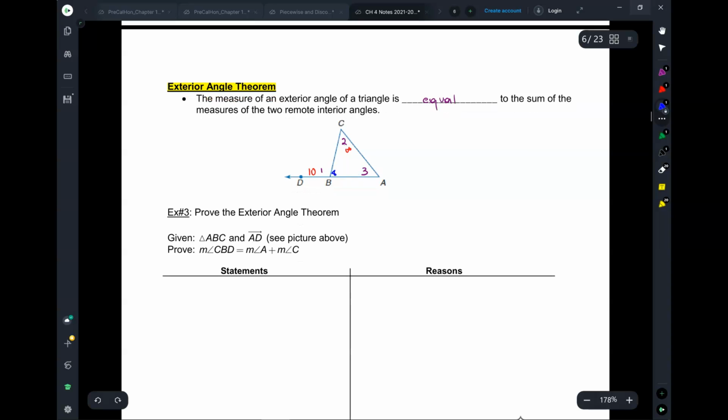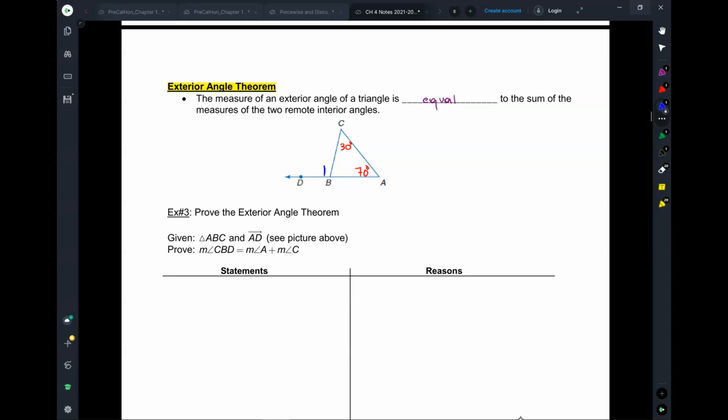Okay, so let's do that again. Suppose this angle is 30 degrees and this angle is 70 degrees. Now look at angle 1 here, right? Is that an interior or an exterior angle? That's an exterior angle. The measure of angle 1 is equal to the sum of the 2 remote interior angles.